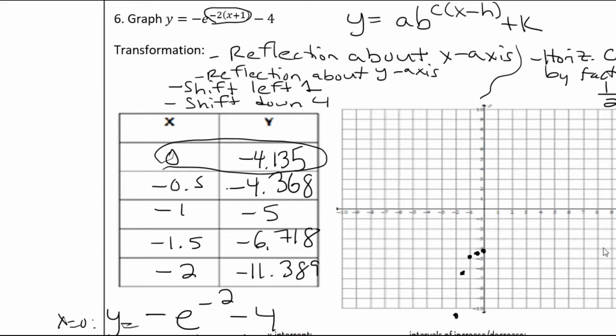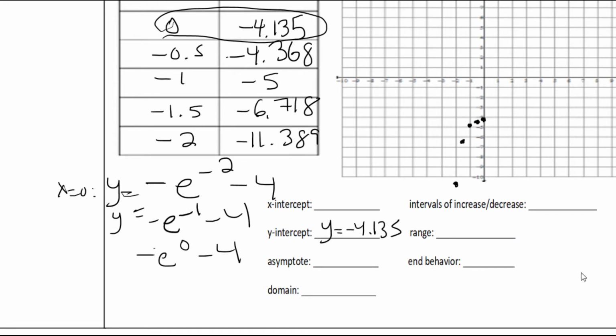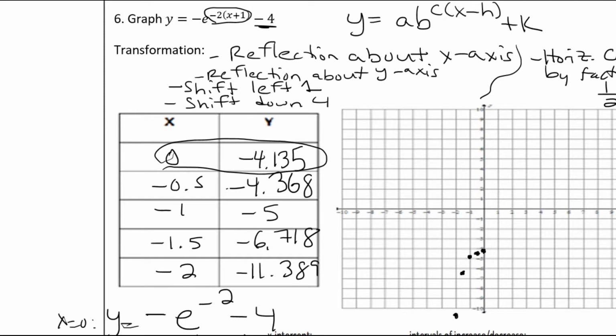All right. So notice that this part right here is trying to approach negative 4, and that's telling you that your asymptote is negative 4. So I'm going to put the asymptote as y equals negative 4 here. And that's because you can determine that without even graphing it because of that negative 4 right here.